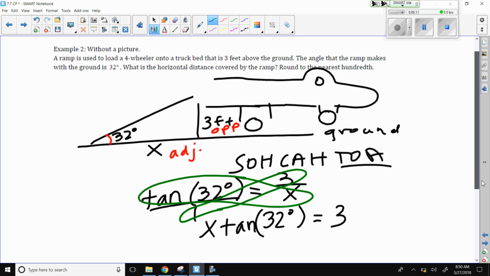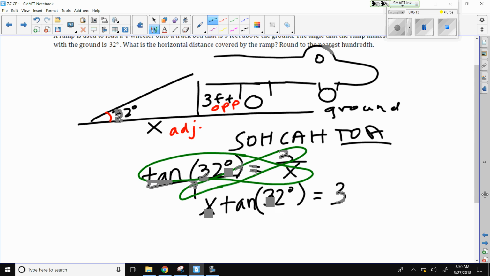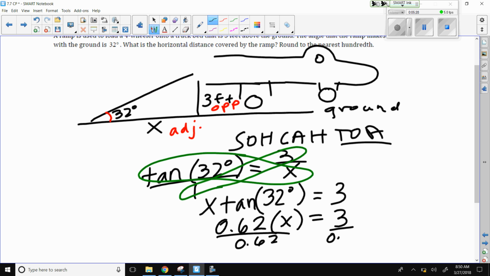Just going to move this down. I can put this right into my calculator. Tan of 32 degrees is going to be 0.62 times x equals 3. I divide on both sides.